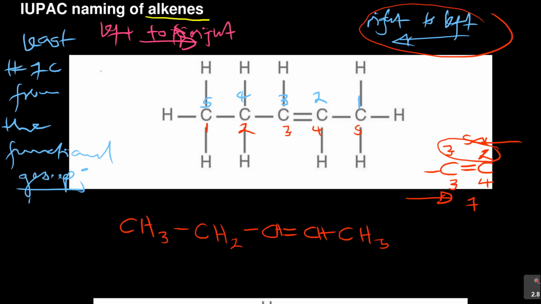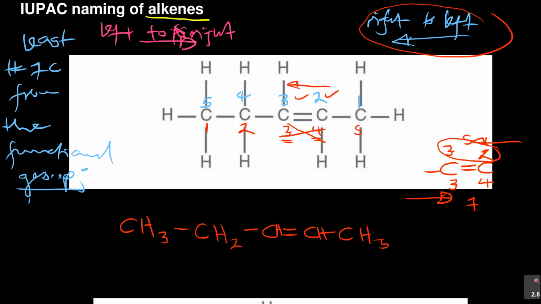If I'm moving from left to right, this carbon, double bond, carbon is in carbon number 3 and carbon number 4. That's where the double bond is. But I cannot take this one because it is the highest numbering. I'm looking for the least, the smallest numbering, and you can see that it is this version whereby I take carbon 2 and carbon 3.